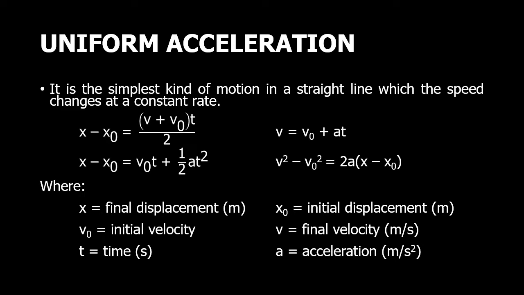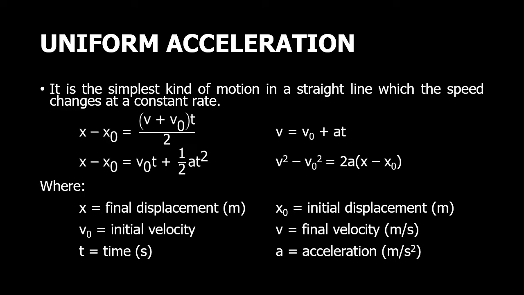So, we can use these four formulas, pero hindi lahat. Usually, in solving uniform acceleration motion problems, we only use 1 to 2 formulas. What I want to say here is that the formula that you will use will depend on the given you have and on the unknown.